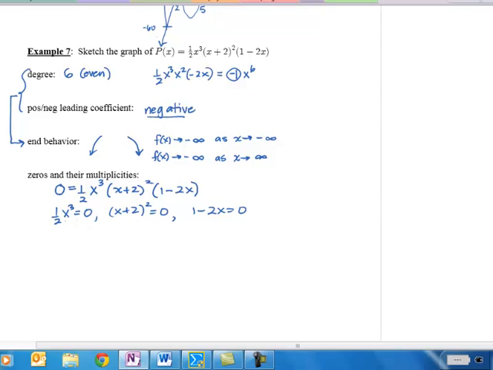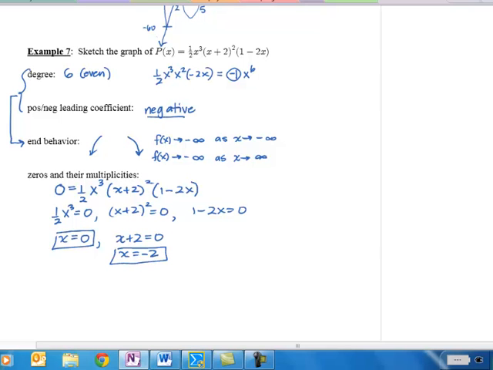The first one, if I first multiply everything by 2 and then take the cube root, I'm just going to get x equals 0. The next one, I take the positive or negative square root of 0 again. That's just 0. So x plus 2 is just going to be 0, so x is negative 2.